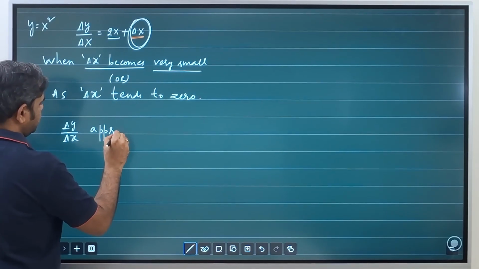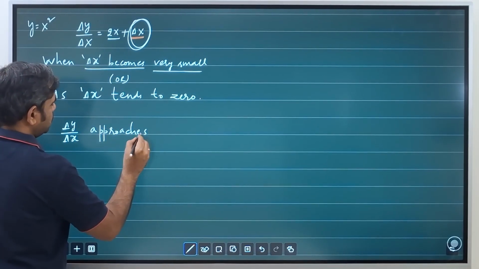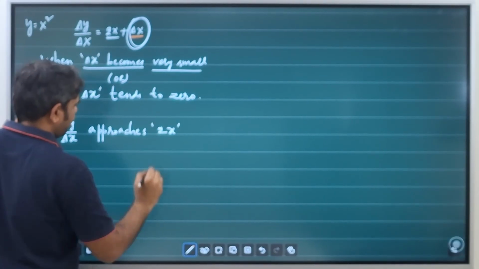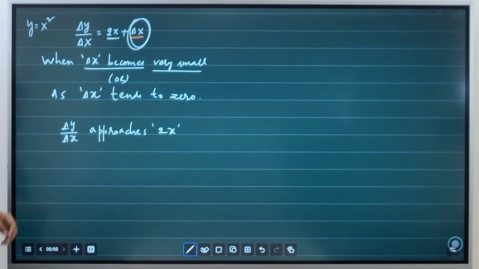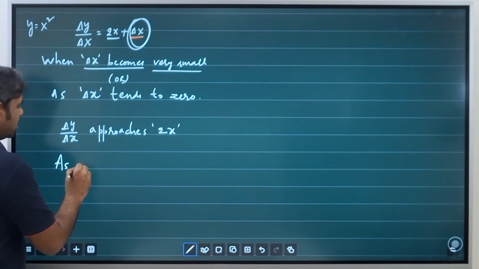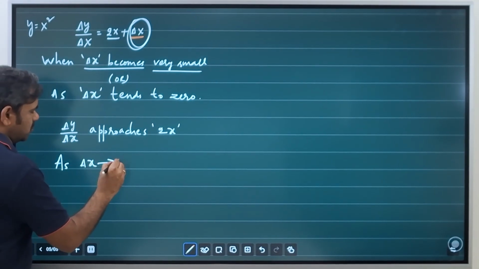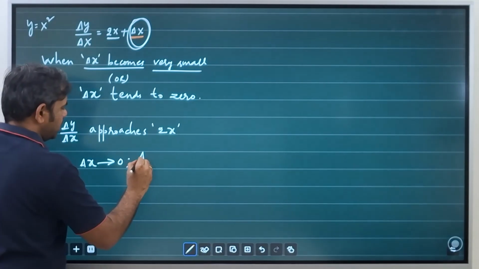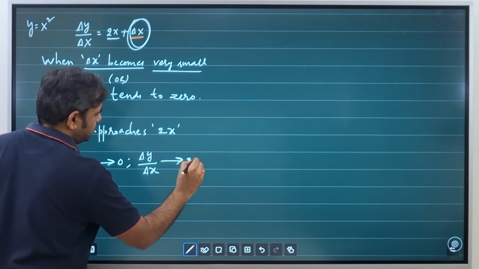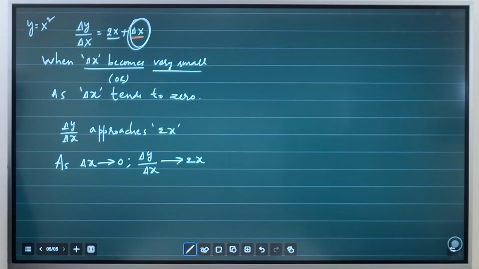So we can express it as delta x tends to 0, delta y by delta x tends to 2x. This is how we can write it.